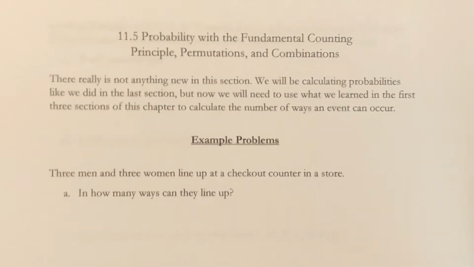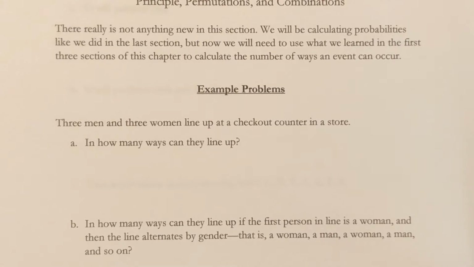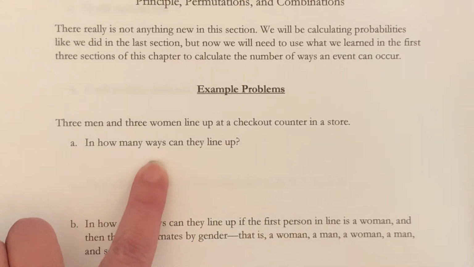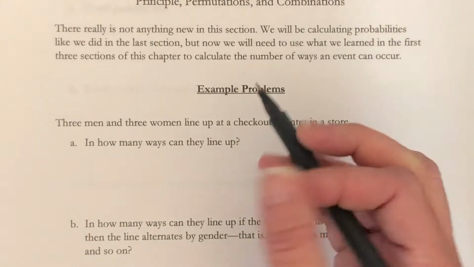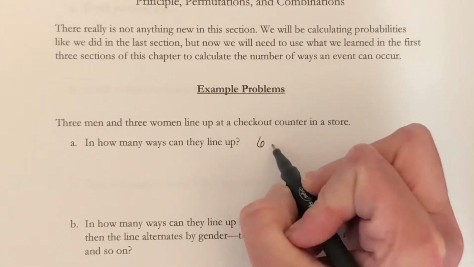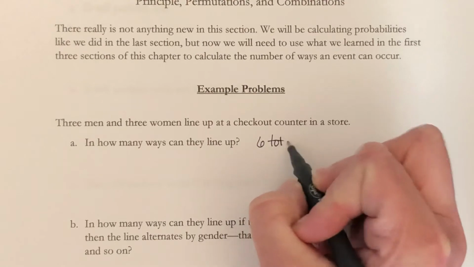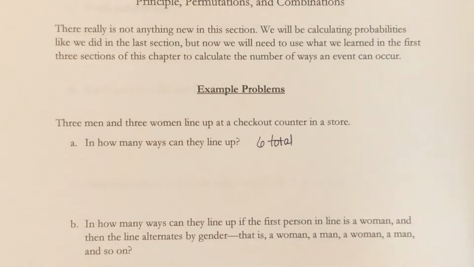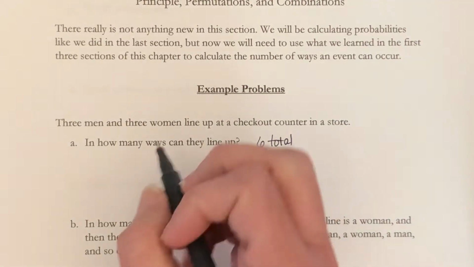So let's look at an example problem. There are 3 men and 3 women in a line at a checkout counter. How many different ways can they line up? There are 3 men, 3 women, so 6 people total. We're asked how many different ways can they line up, so that means order does matter. So this is going to be a permutation.